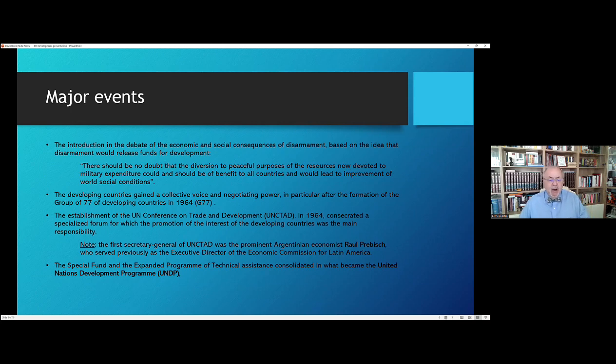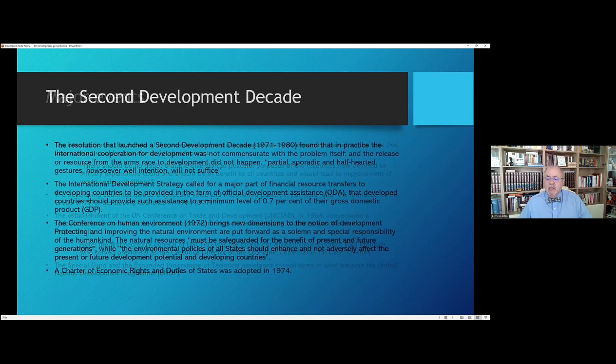And the special fund, which I spoke about in the previous slide, was transformed into what you know nowadays as the United Nations Development Program, one of the most important development institutions in the world, not just in the United Nations system.